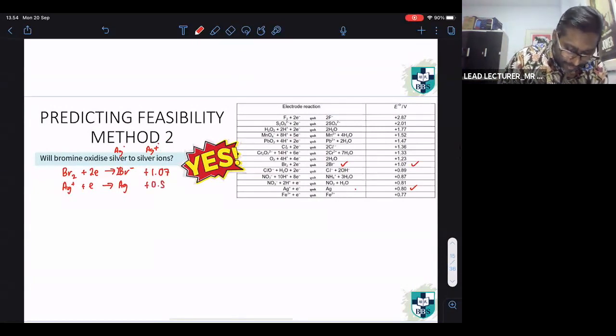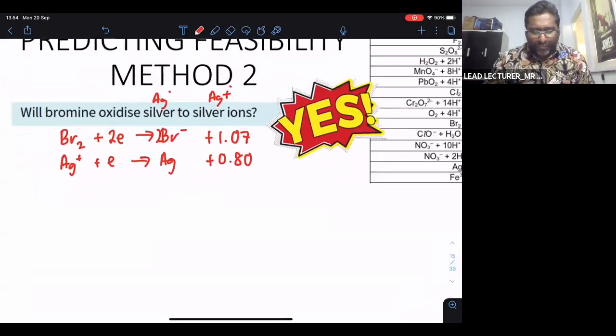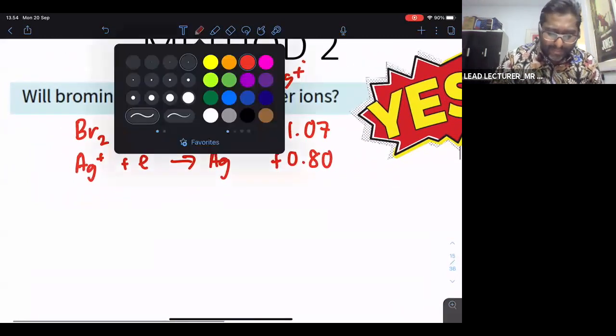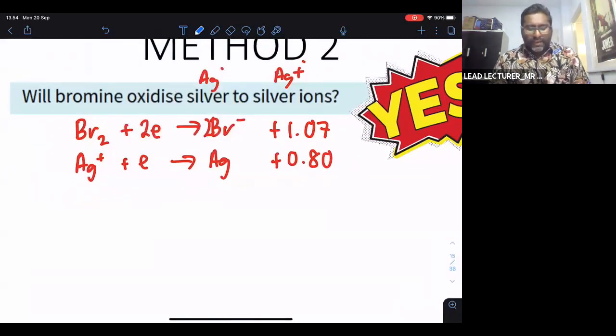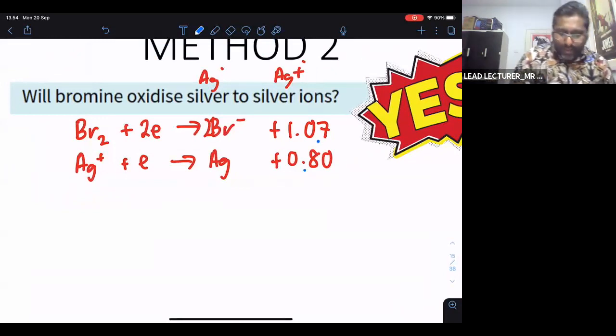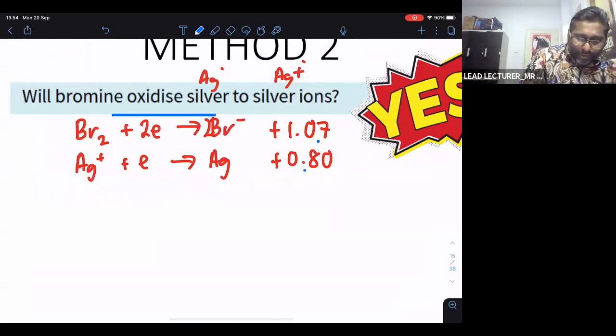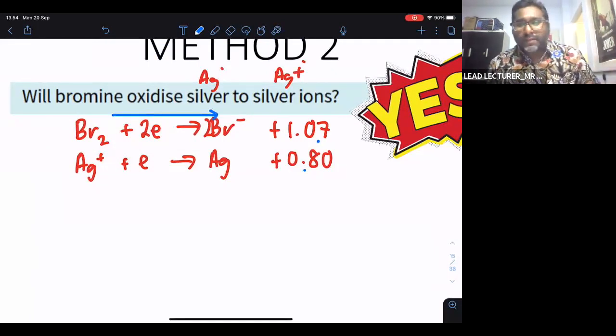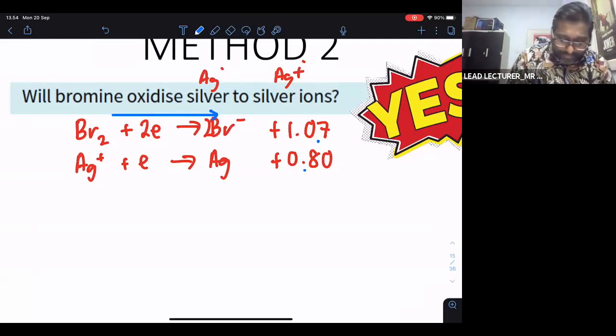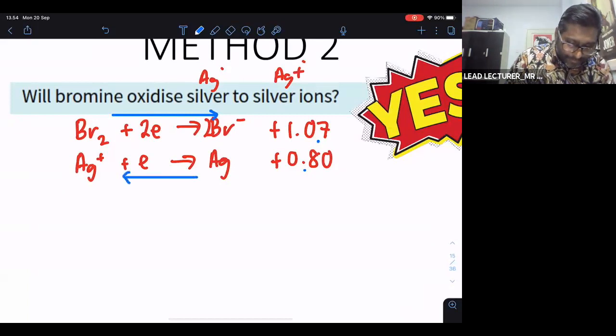Just use whatever you have learned in the past with me. You can see that this one is more positive, this one is less positive, so this is going to go to the right, and this is going to go to the left.